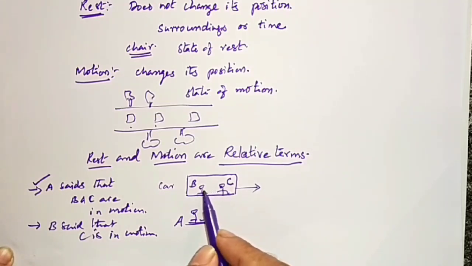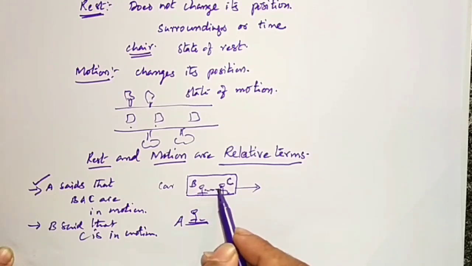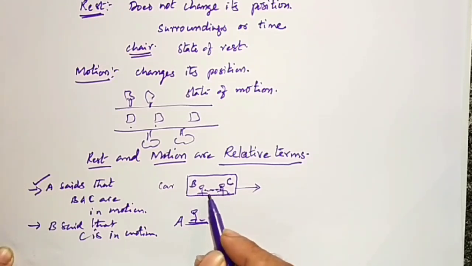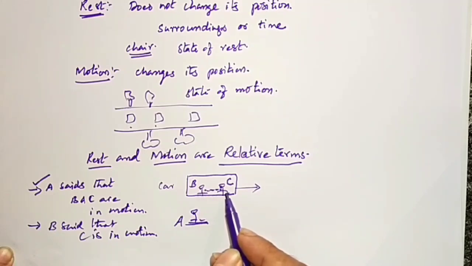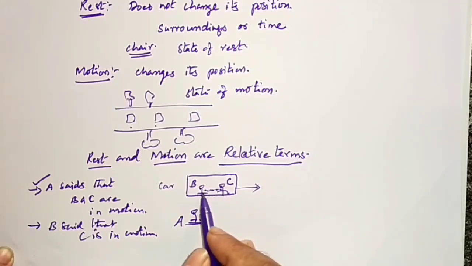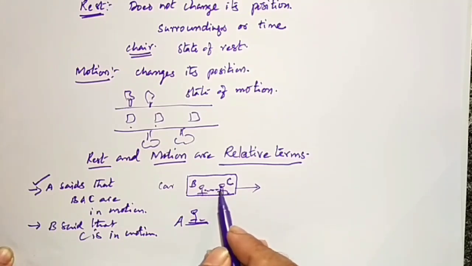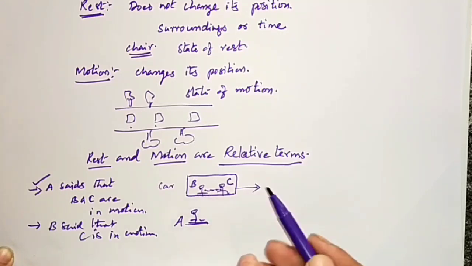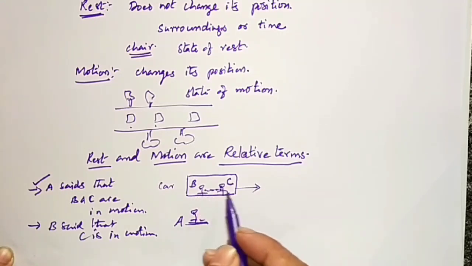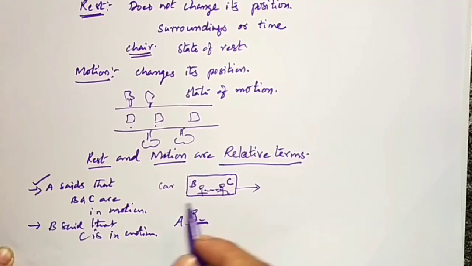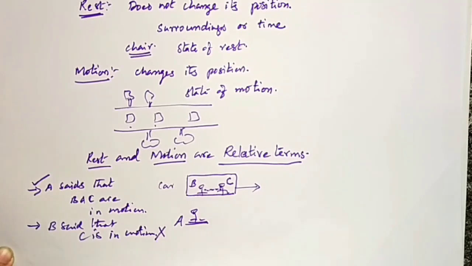So now observe, the distance between B and C is not changing. Yes or no? He is sitting here and C is sitting here. So the distance between both the persons is not changing. Both are sitting side by side. So this statement is wrong. With respect to B, C is in the state of rest, not in motion.